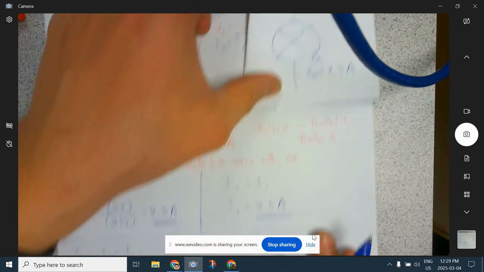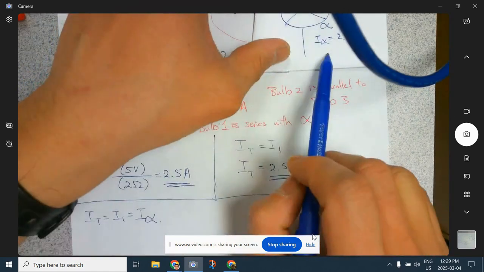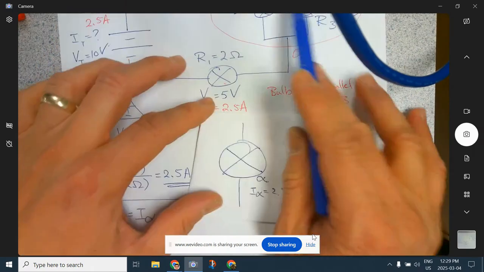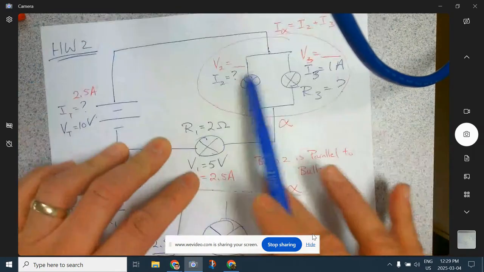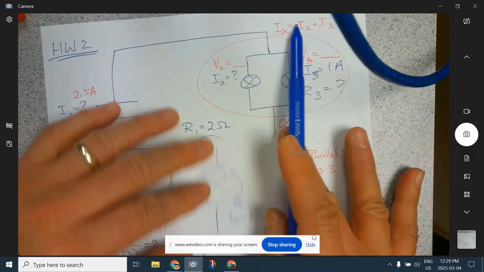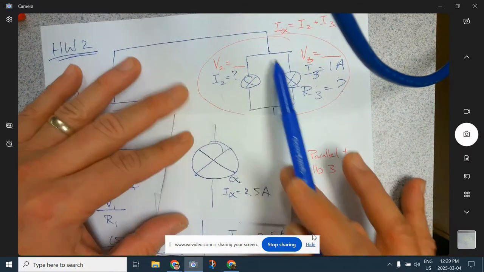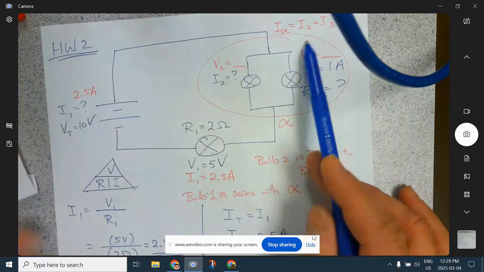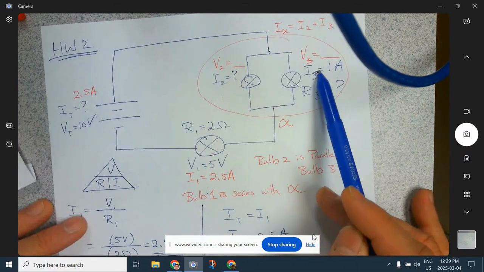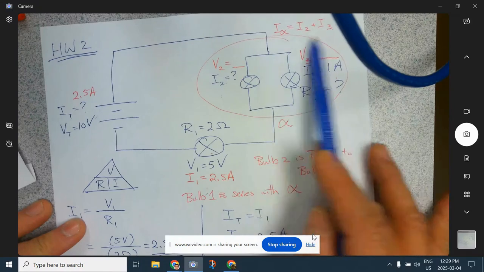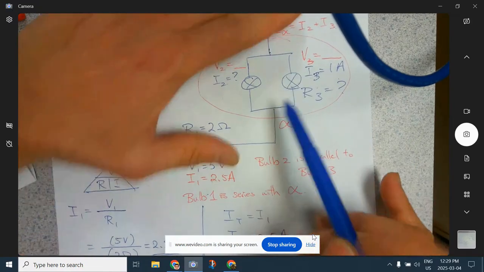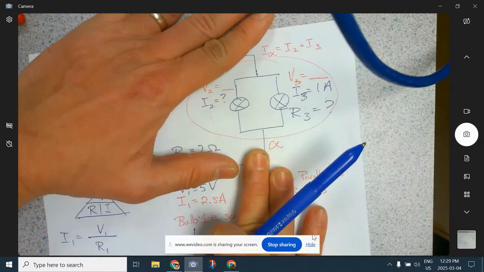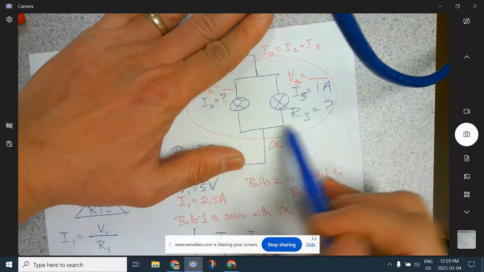Now, earlier we also said if we combine these two light bulbs together, that's as if it is a smaller total, alpha, 2.5. I2 and I3 added together would equal I alpha, because if we only look here, this is a parallel circuit.